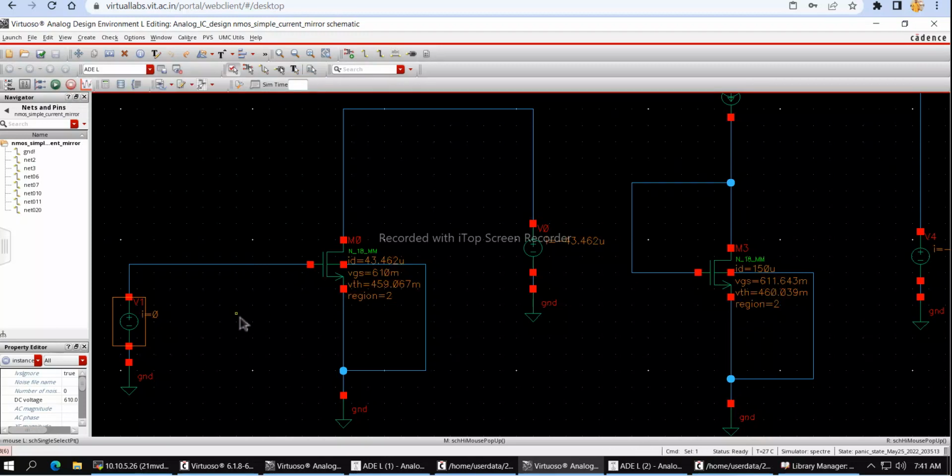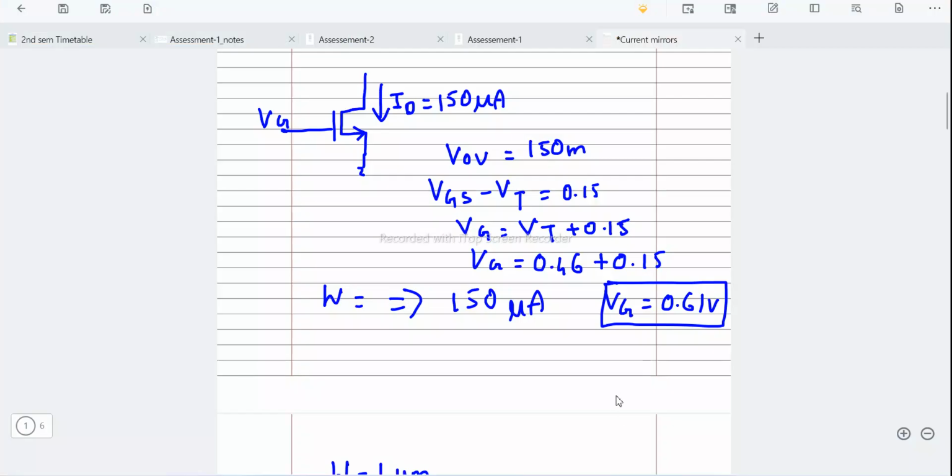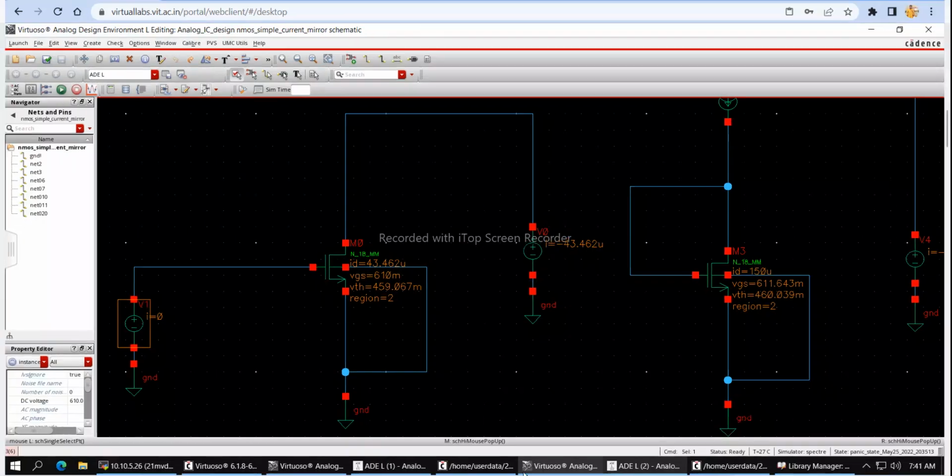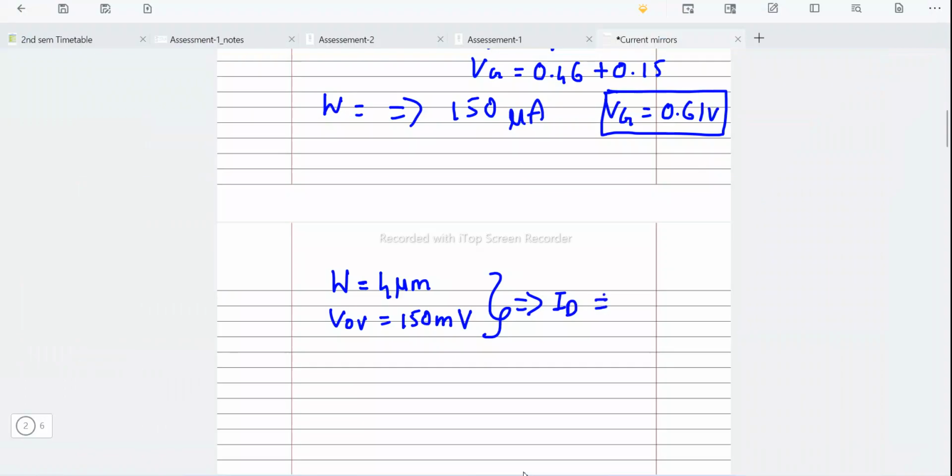Okay, so for a width of 4 micrometer and overdrive voltage of 150 millivolts, we are getting the current as 43.6 microamperes, but we need to design for the current of 150 microamperes.